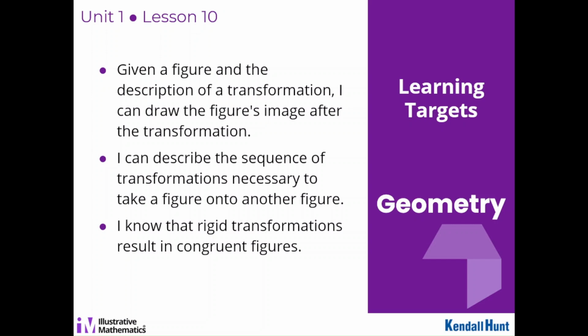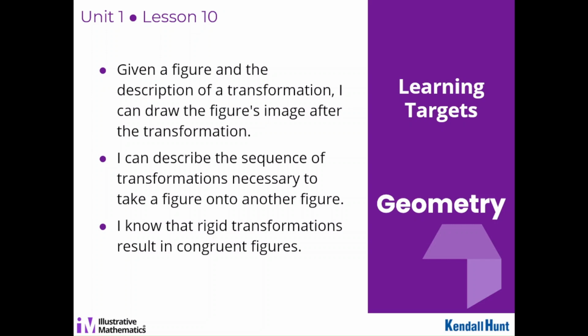And then learning target number 3 says that you know that rigid transformations result in congruent figures, meaning you understand that whether we rotate something, whether we reflect it, or whether we translate it, in the end, the new shape will still have the same size side lengths and will have the same size angles.